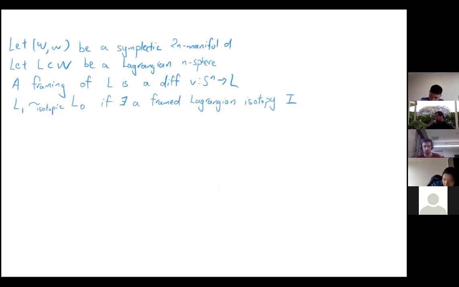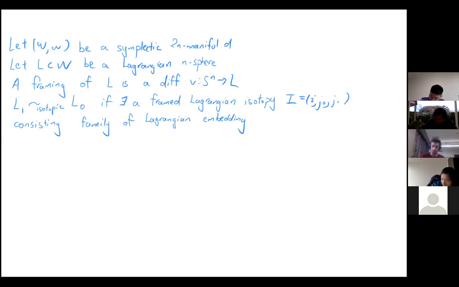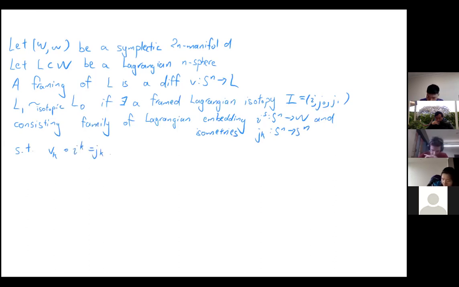So you have a family of Lagrangian embeddings and isotopy, such that this family of embeddings agree on the endpoint, agree with the framing, okay?